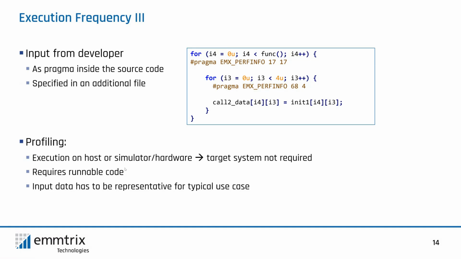This means we need to have all header files, all data types, all variables, all functions available for our analysis in order to give useful values here. When doing profiling, it is important that the input data is representative for a typical use case. This means if the application depends on special data, we need to provide this data for the profiling run in order for us to extract useful frequencies here.